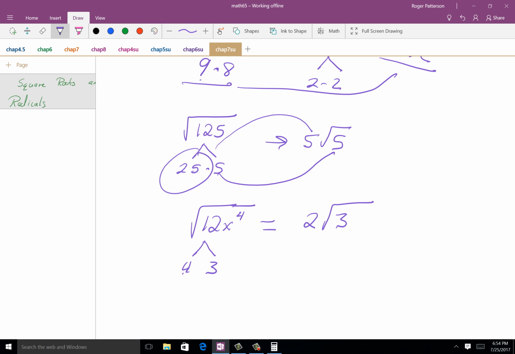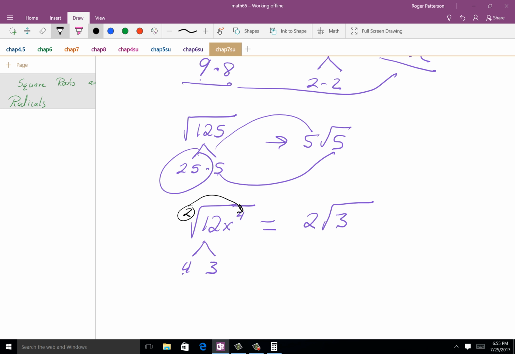Now I have to deal with the x to the 4th. One way to think about this is there's a little 2 right there that we just never write because it's a square root. That 2 divides into the 4 evenly. It goes in there twice.